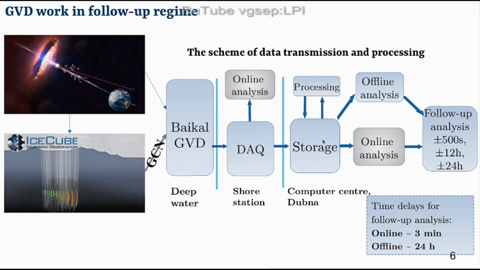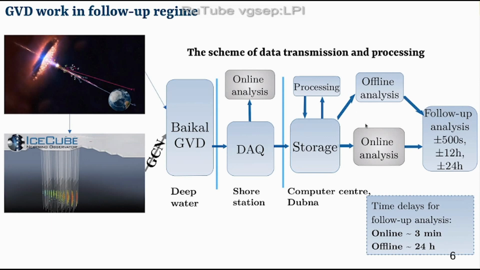Data also are processed, and we can get information through two types of analysis: offline analysis and online analysis. In online analysis, we can get information only about the most important Baikal-GVD events, and the information about other events we can get through offline analysis.